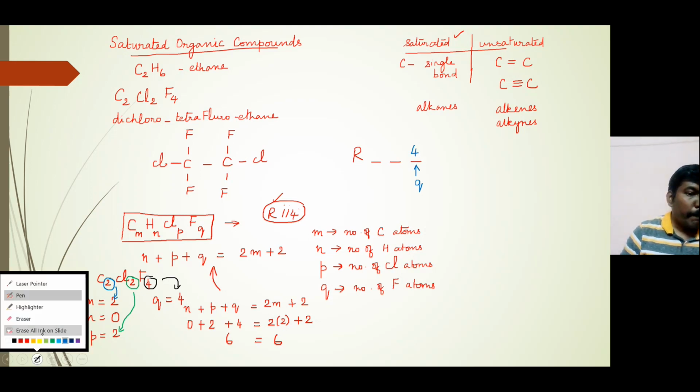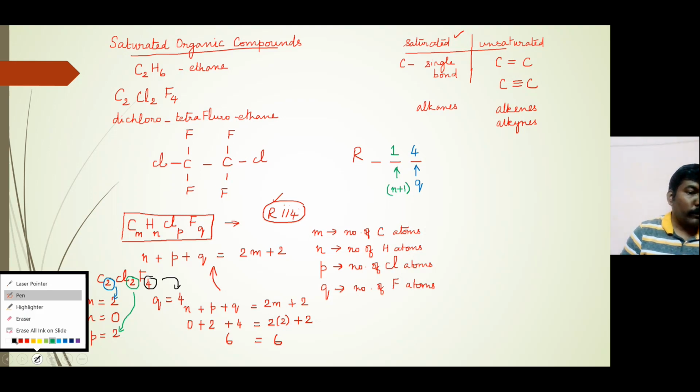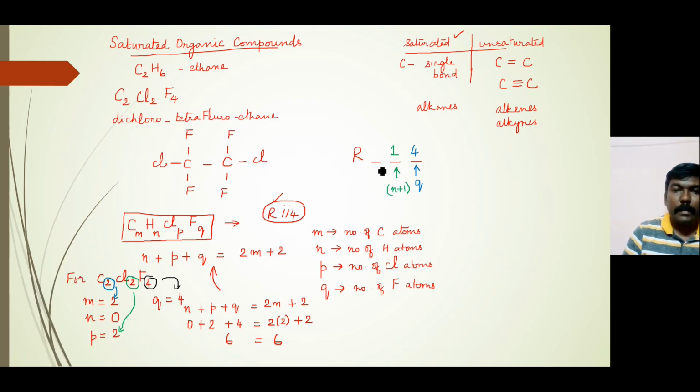Then the last but one digit is going to be n plus 1, the number of hydrogen atoms plus 1. The number of hydrogen atoms that we have here is 0, so 0 plus 1 is going to be equal to 1. Then we are left with only one thing, the first digit, which is going to be m minus 1, the number of carbon atoms minus 1.